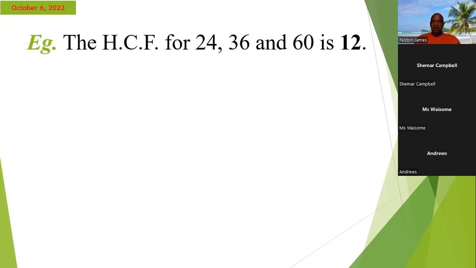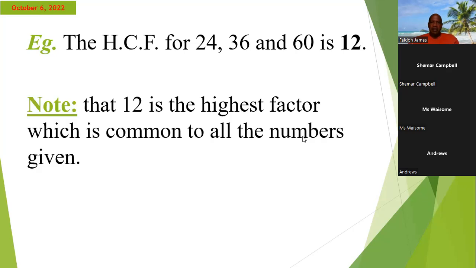So I would suggest that you spend the time and try to differentiate between them so that you don't get confused when you're asked to find one or the other. All right, guys? Now, 12 is the highest factor which is common to all the numbers given.